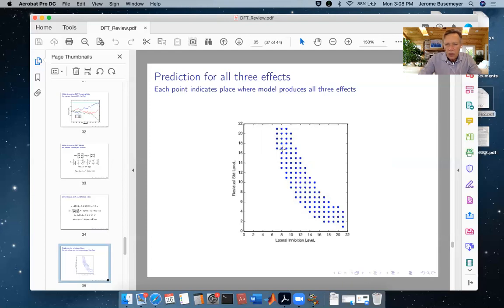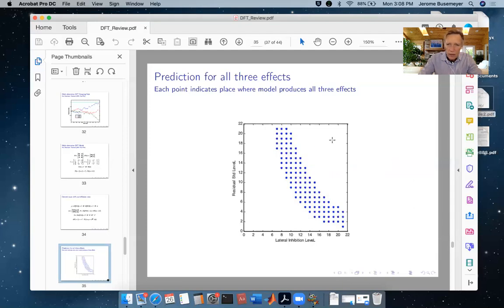But this is also showing you that we predict that these effects should be negatively correlated. The similarity effect requires low noise levels and doesn't require lateral inhibition. And so the similarity effect is strongest over here, where the lateral inhibition is low and the noise is low.